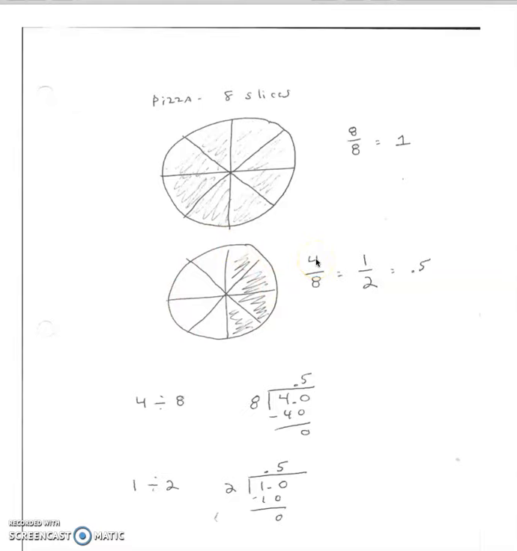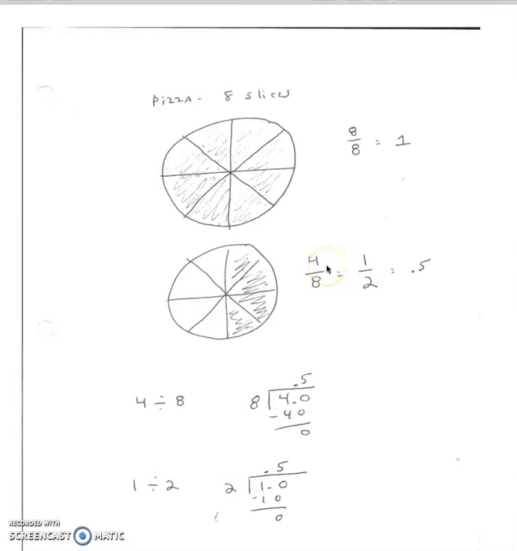So 4 divided by 8, or 4 over 8, or 4/8. Now, when we talk about fractions, we want to reduce a fraction to the smallest number that is equal or equivalent to it.